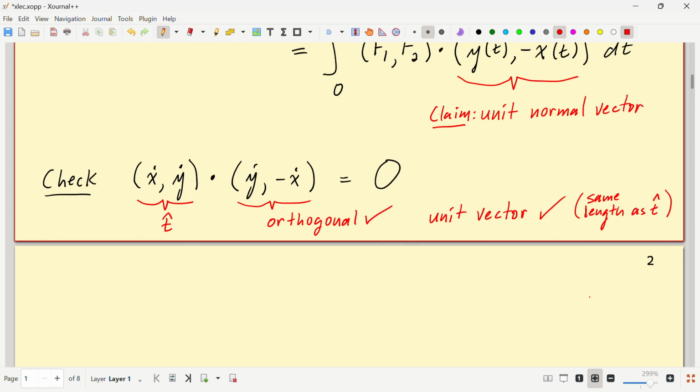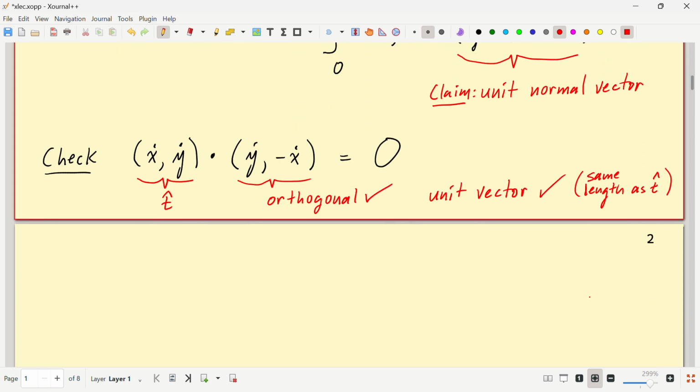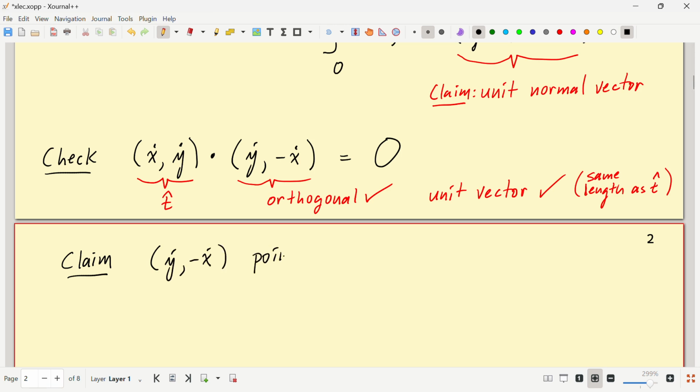And this, I like this because this shows you how useful complex numbers can be. So my next claim is that y dot, minus x dot points out. How in the heck would you see that? It's orthogonal, so it either points in or out, at right angles. But how do you tell?